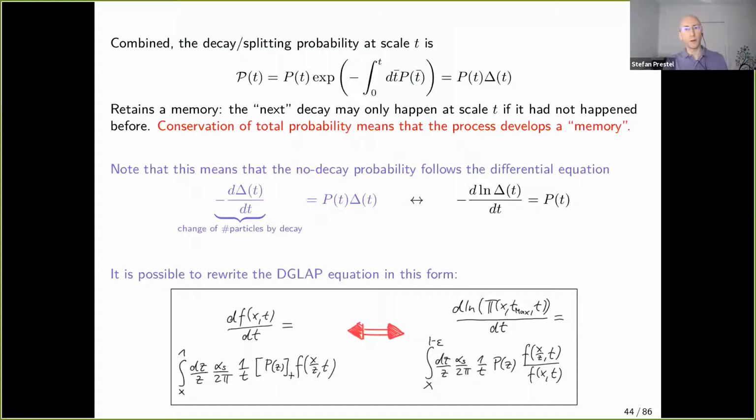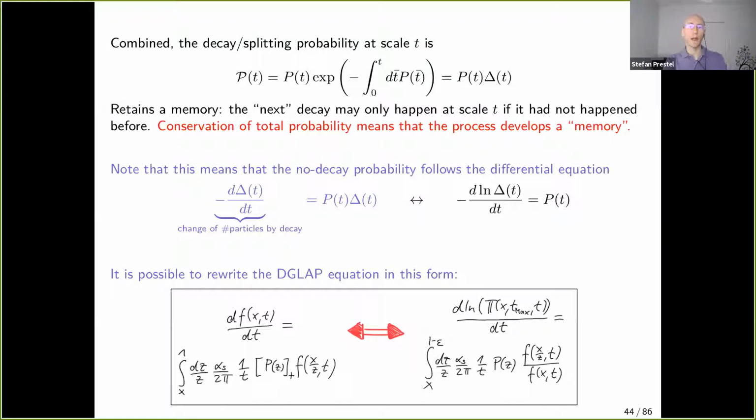So how do we then move about and generate this? First, it's good to note here that this, as any decay process would, actually retains some memory: a next decay at scale t only happens if it had not happened before at a higher scale.